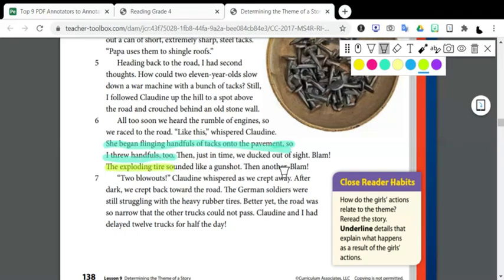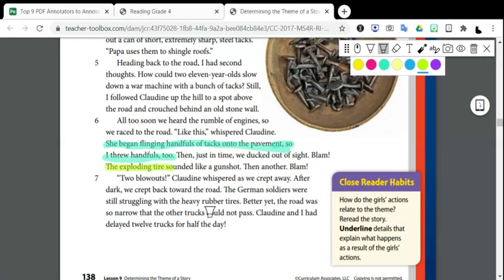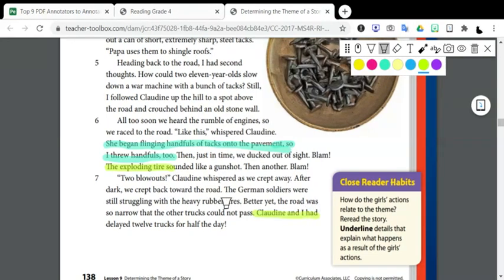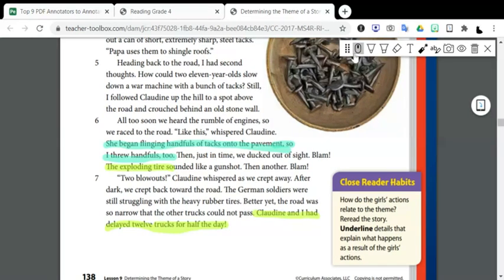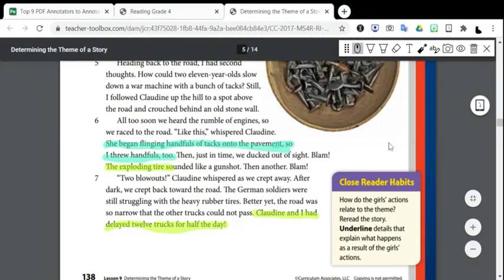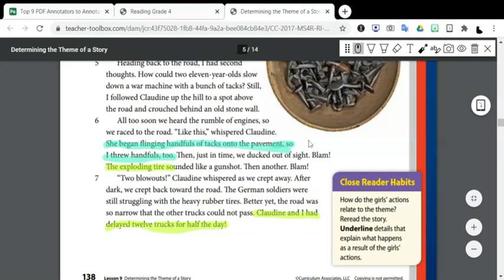She began flinging handfuls of tacks onto the pavement. So what happens when you put tacks or nails on the pavement of a street? That's right. The cars that drive over them will have their tires pop. So Claudine and the friend both throw the tacks.